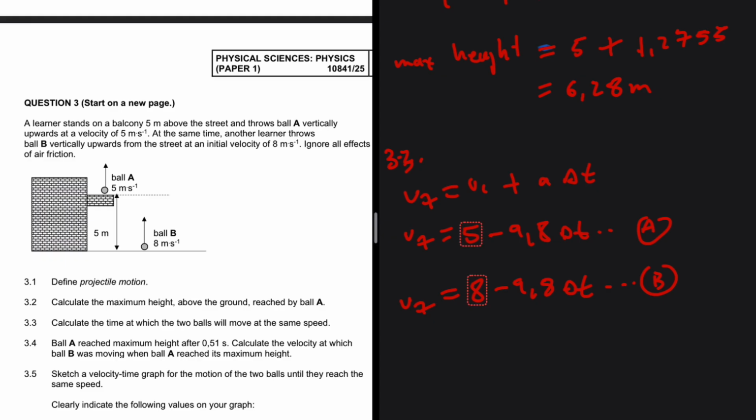Because if we just equate them, minus 9.8 delta T and minus 9.8 delta T are just going to cancel out.